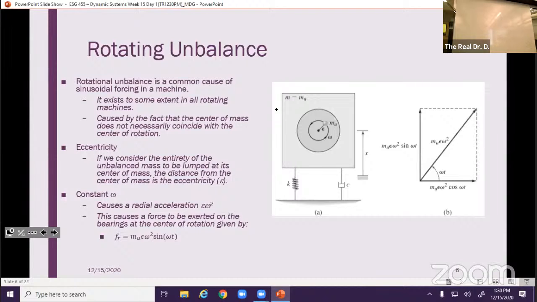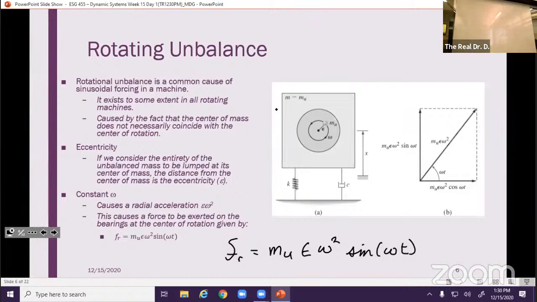This starts to rotate, and so these bearings are now subjected to this additional force on top of whatever is happening to the system. And that force is defined here on the bottom, which is a little bit hard to read, but it says F sub R is equal to the lumped mass times epsilon omega squared sine omega t.